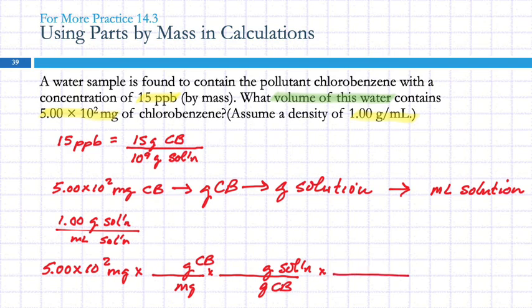And then we're going to go to milliliters of the solution, dividing by grams of the solution. So the units cancel out. If we don't specify grams of what here, it'd be super easy to get this in upside down, and then we're going to end up with a crazy answer.